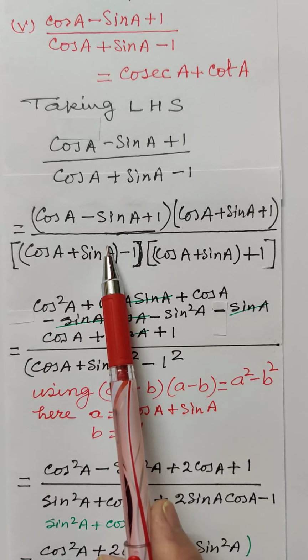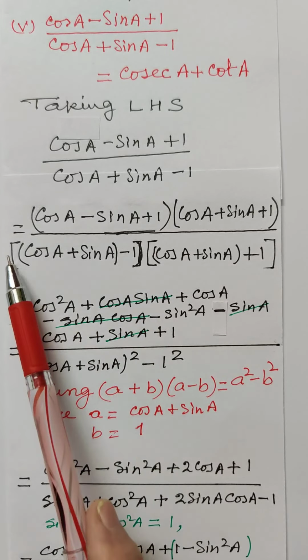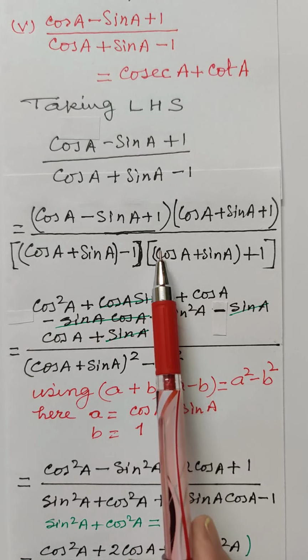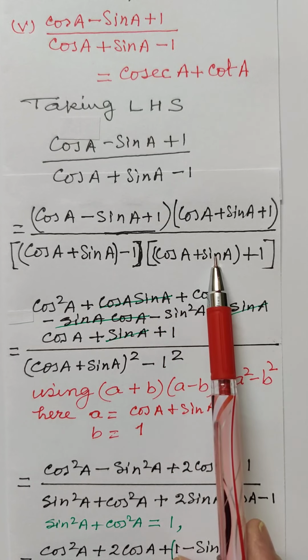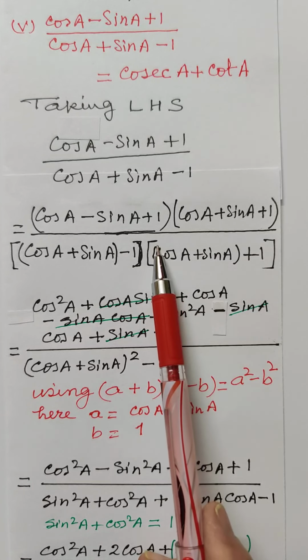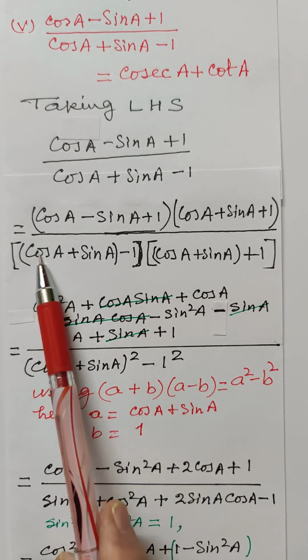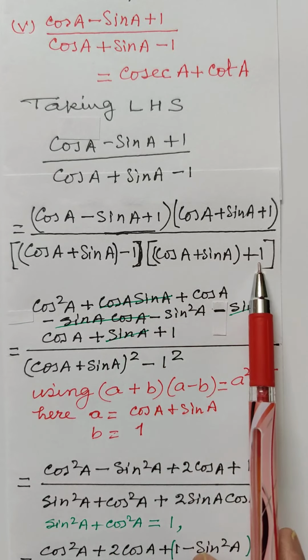Cos A plus sin A is taken in one bracket and then minus 1 is taken in a square bracket, and thereafter other square bracket, cos A plus sin A is taken in parenthesis plus 1. So this has become A and this has become A. This has become B, 1, 1.